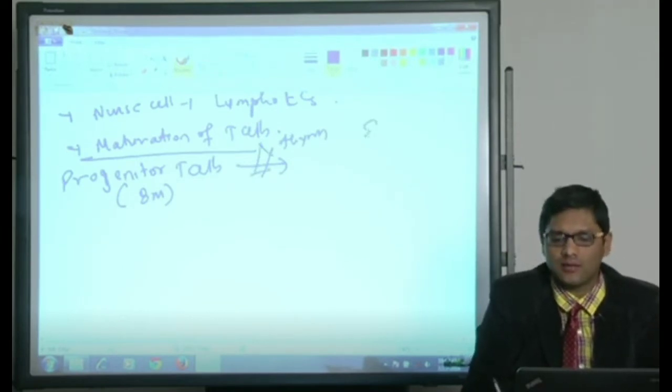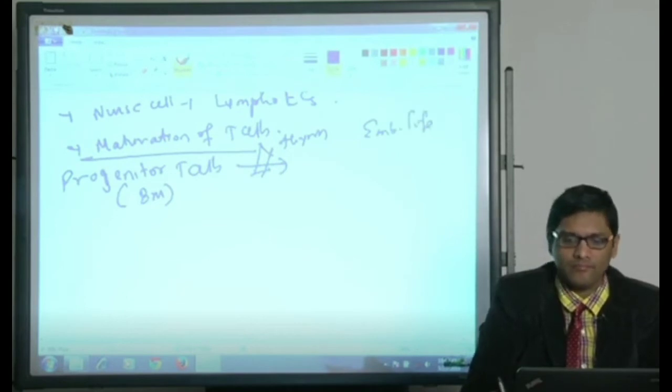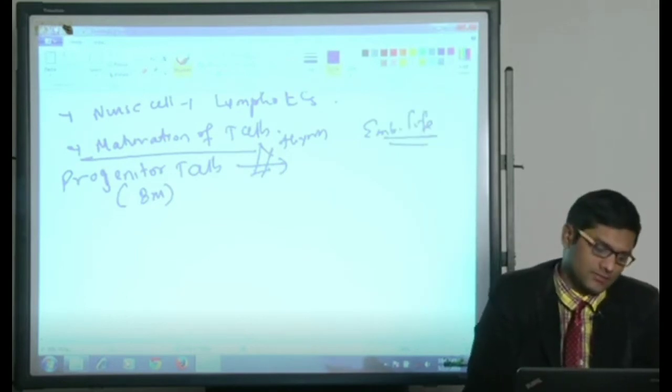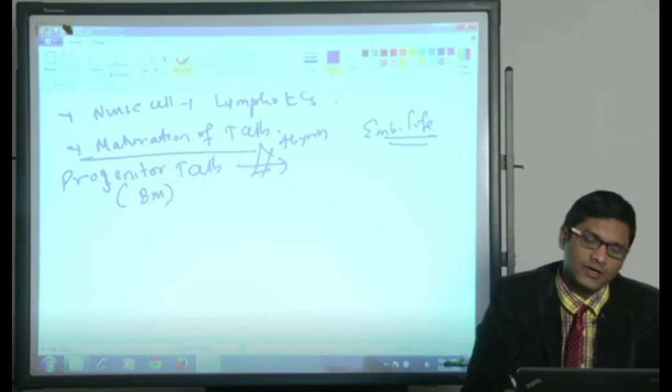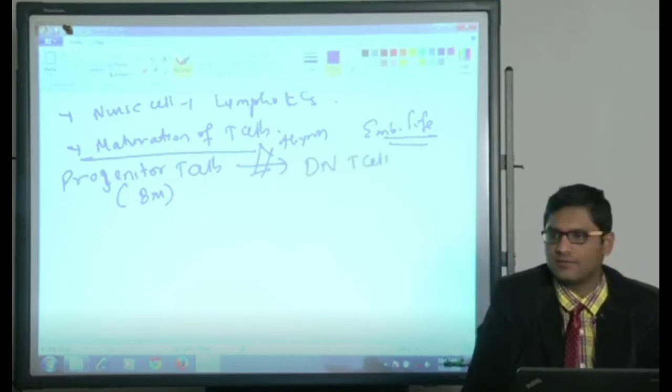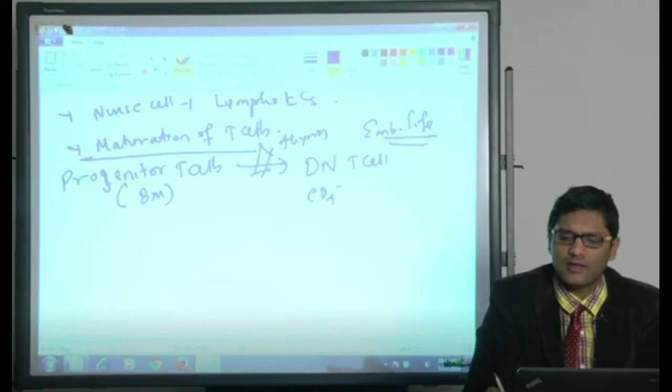This usually occurs in embryonic life. How the development occurs, I will tell you now. The progenitor T cells will be transformed into double negative T cells, DN T cells. Why are they called double negative T cells? Because they lack both CD4 and CD8.